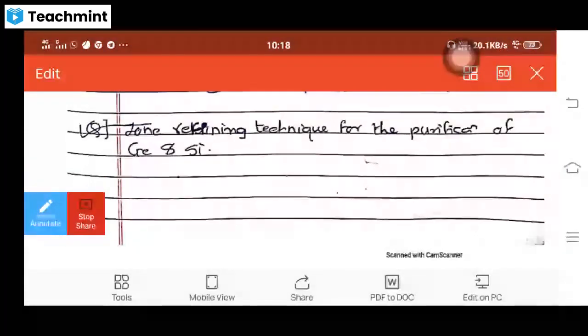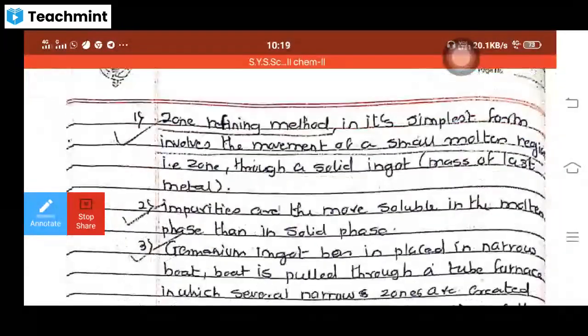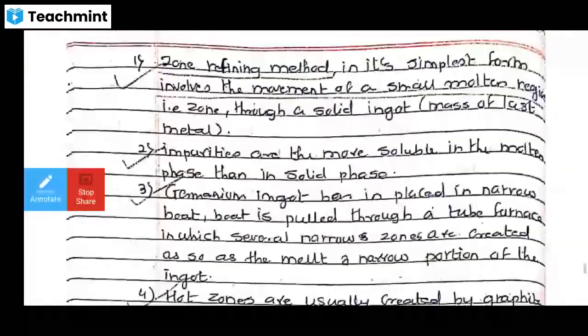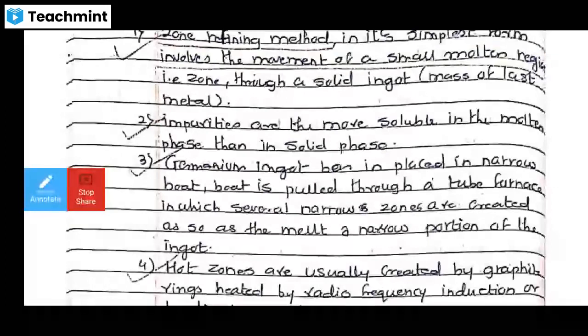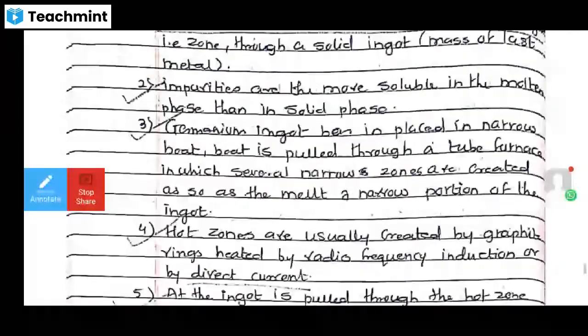Next is the zone refining method. Zone refining is the simplest form and involves the movement of a molten zone through the solid ingot mass, where impurities are more soluble in the molten phase than in the solid phase.